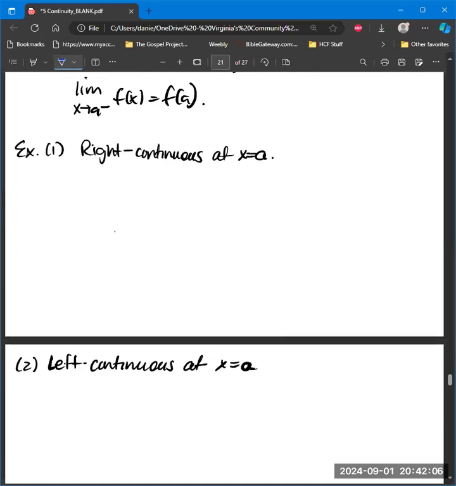So example 1 of a right continuous function would be something that looks like so, where there's an open circle and f of x goes like that. Sorry, not a hole there, but a point there.